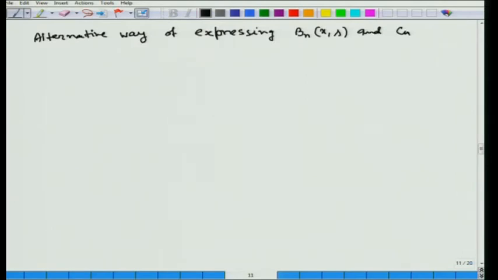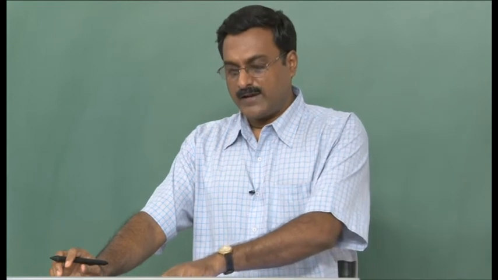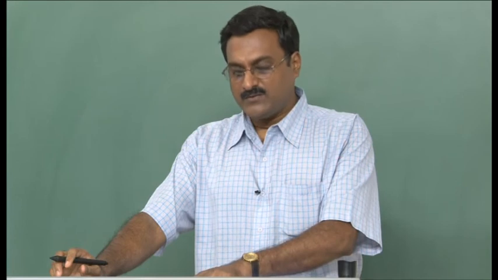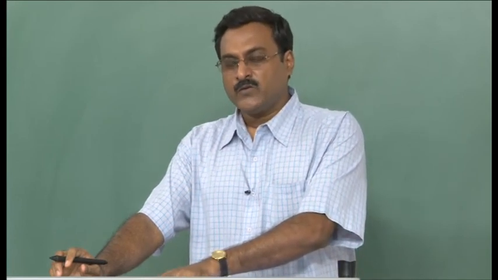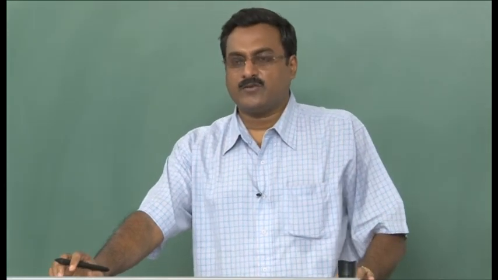And here, this alternative way is important because in the earlier method you observed that the calculation of B_n(x,s) depends upon the value of C_n and the expression for B_{n-1}(x,s), and the evaluation of C_n was related to the expression for B_{n-1}(x,s).